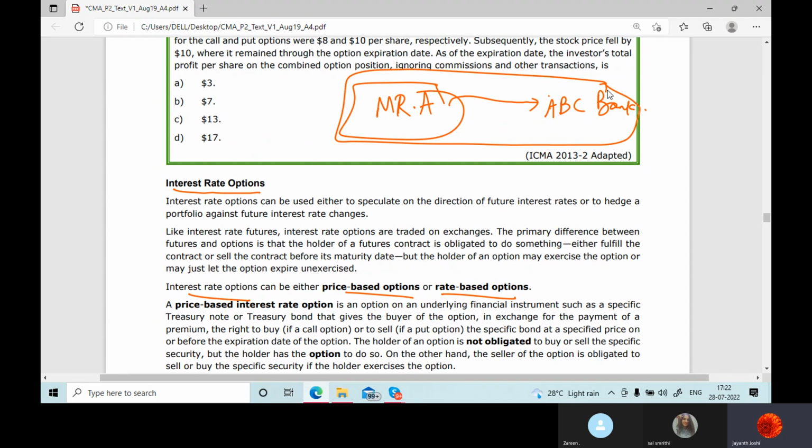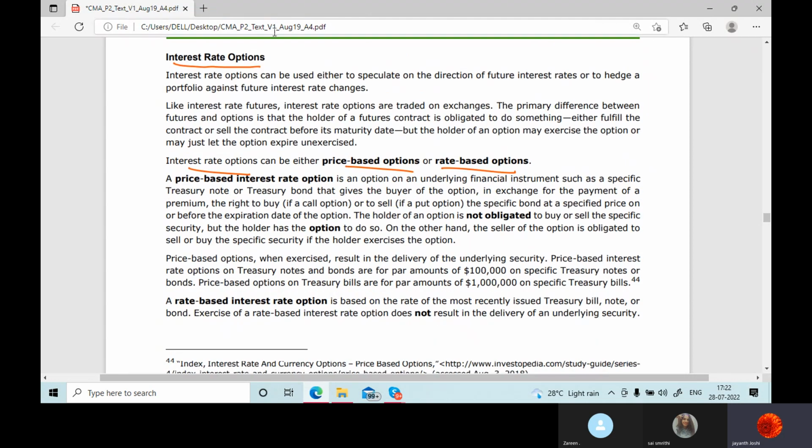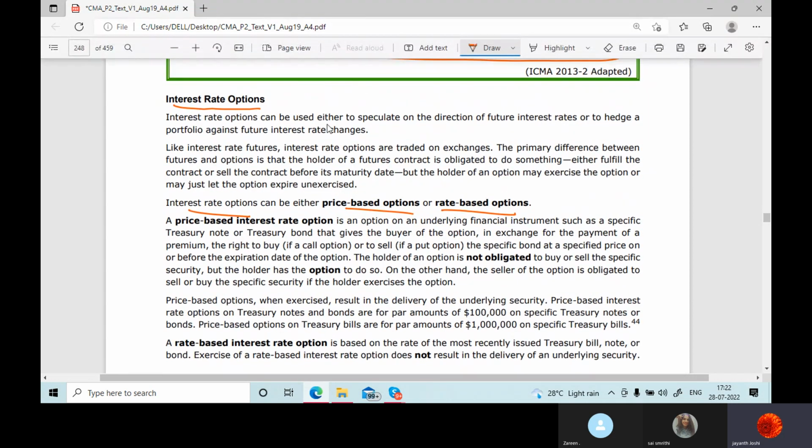So let's go with the textbook version. Interest rate options can be used either to speculate on the direction of future interest rates or to hedge a portfolio against future interest rate changes.